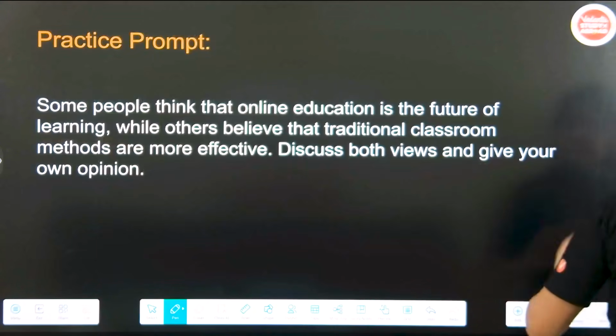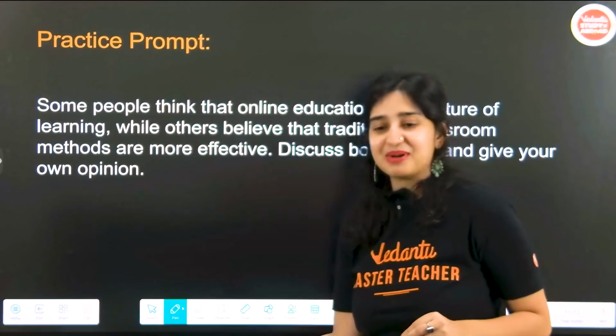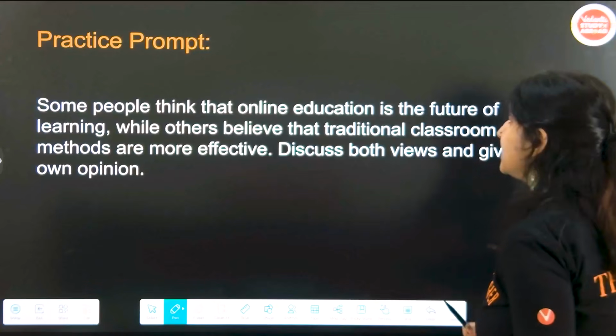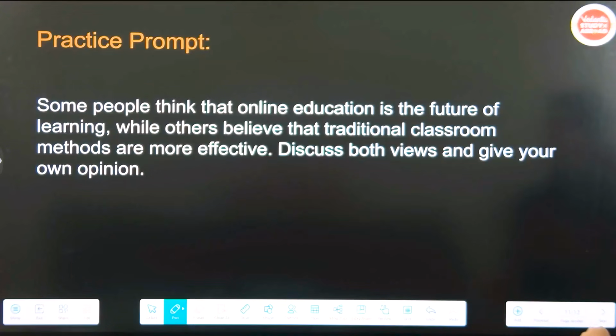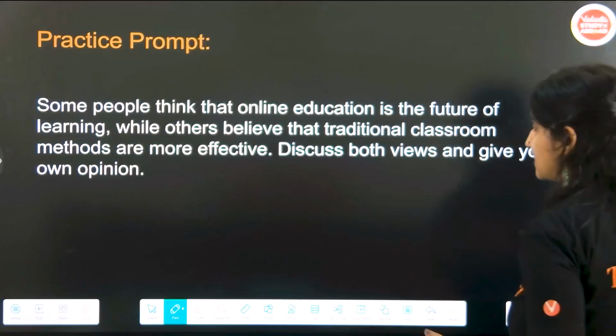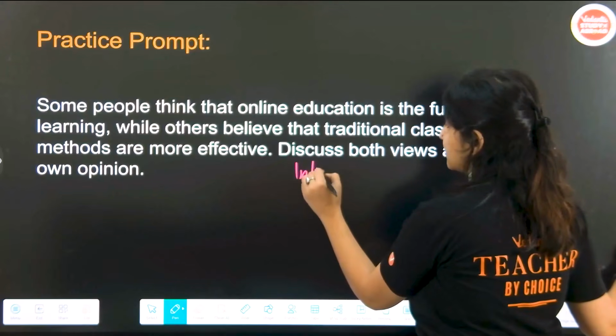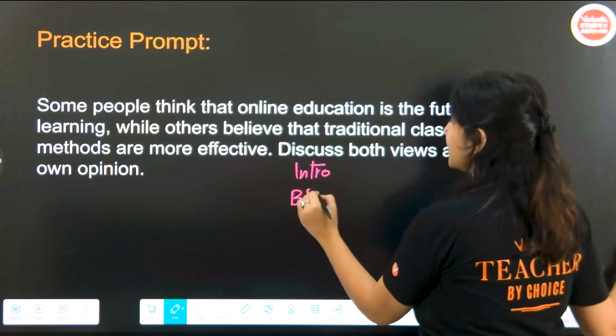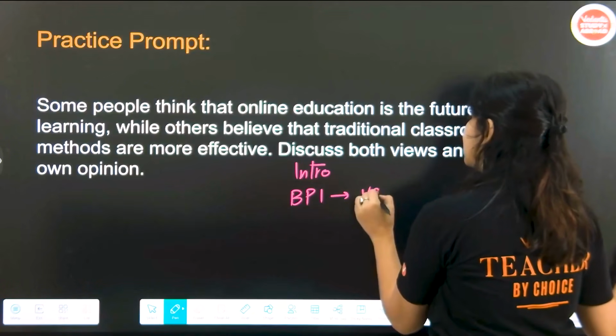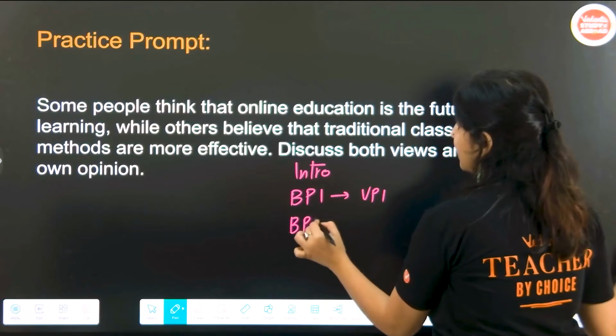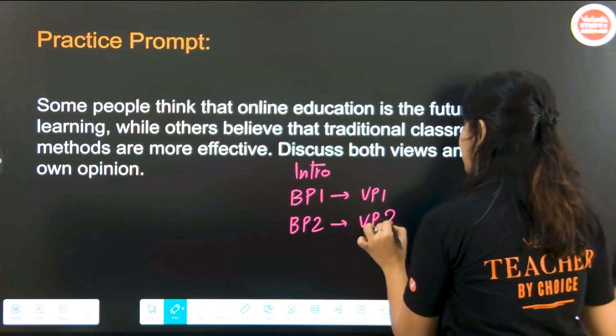And now, because you need to practice, here is a practice prompt for you. Some people think that online education is the future of learning, while others believe that traditional classroom methods are more effective. Discuss both views and give your opinion. So here you're going to have your introduction, then your body paragraph 1 is going to be viewpoint 1, body paragraph 2 is going to be viewpoint 2.